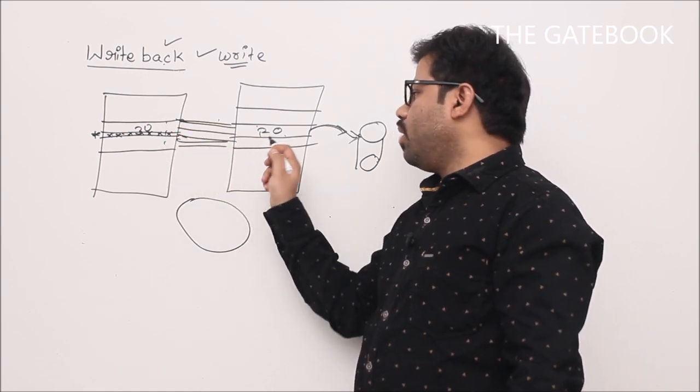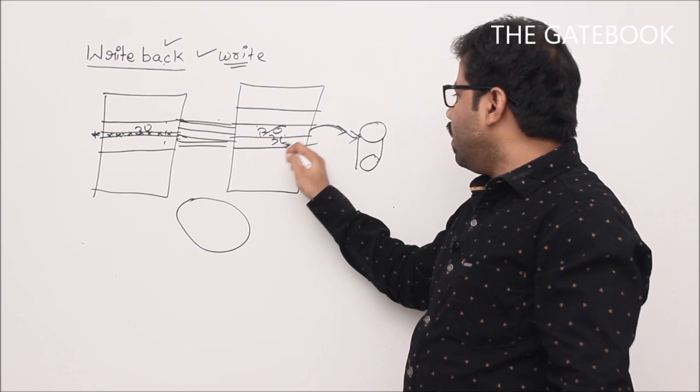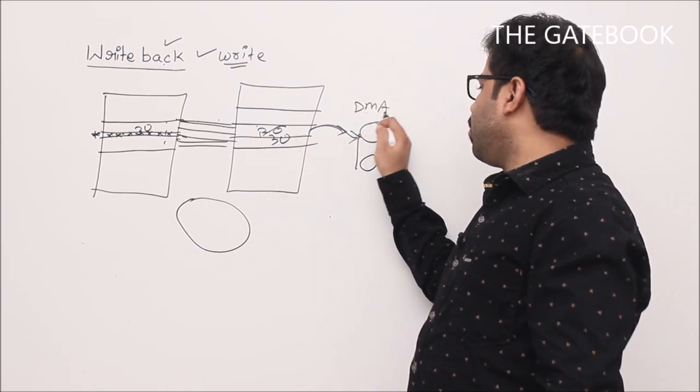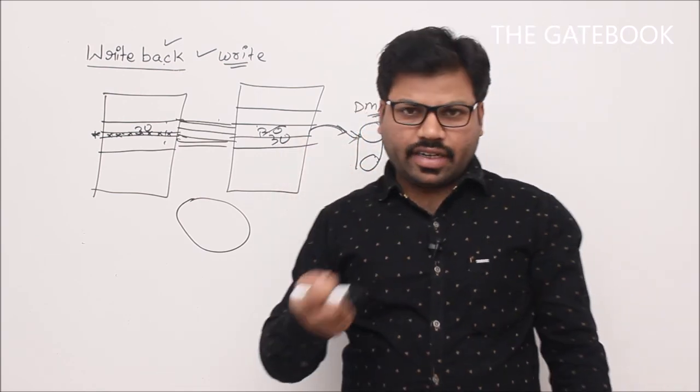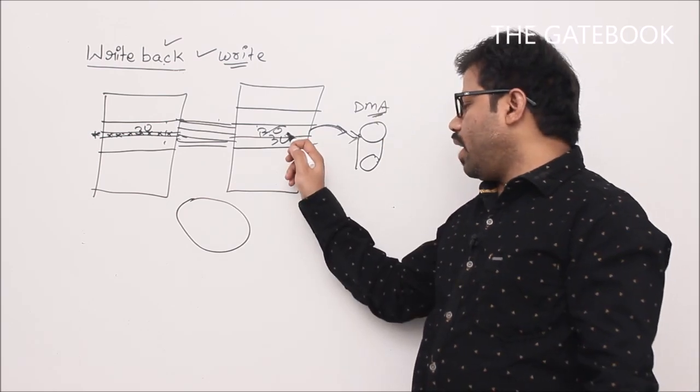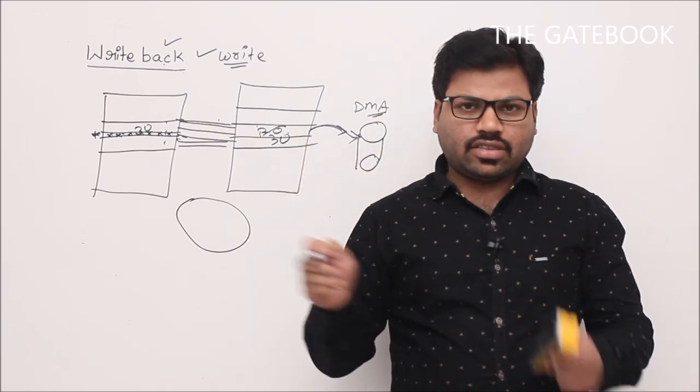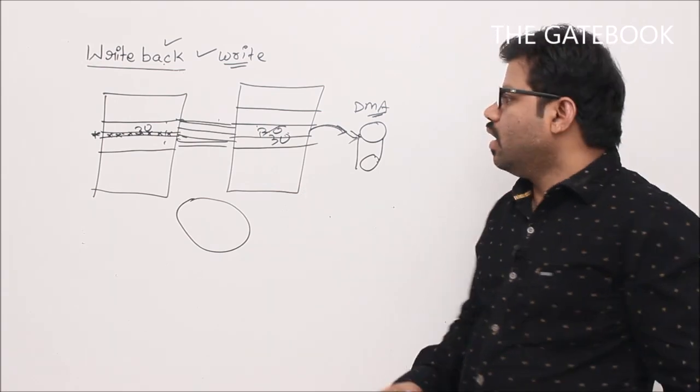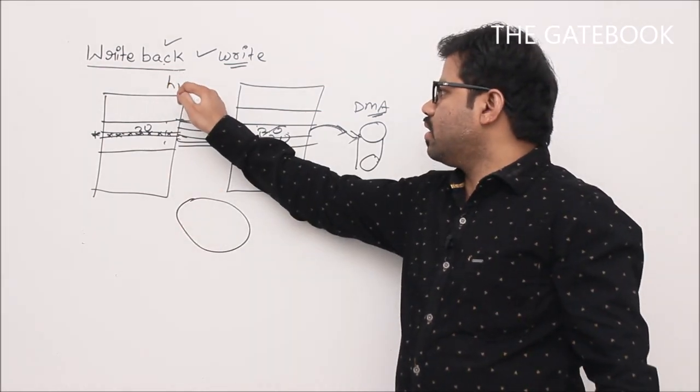Then later direct memory access will happen. Direct memory access we will be discussing later. At this moment, you say transfer from main memory to disk is called direct memory access. Okay, that's enough. Understand? Now let me summarize. Hit case.